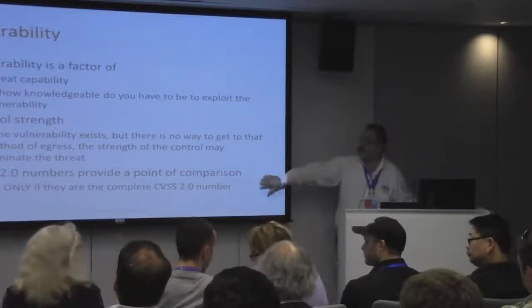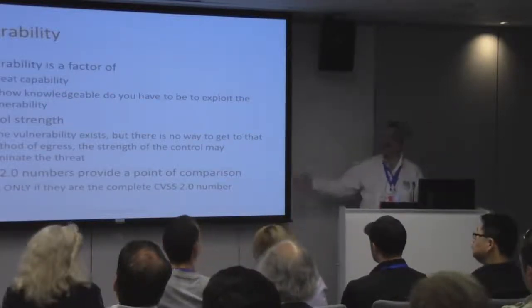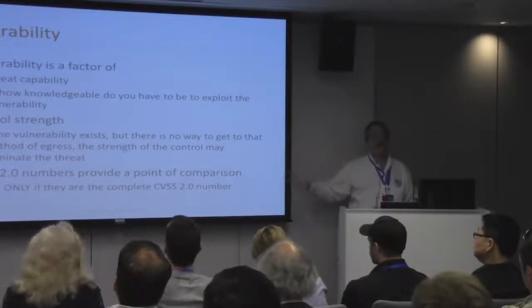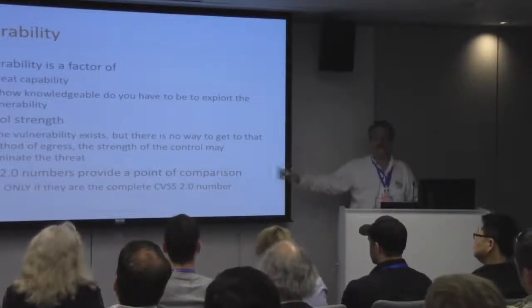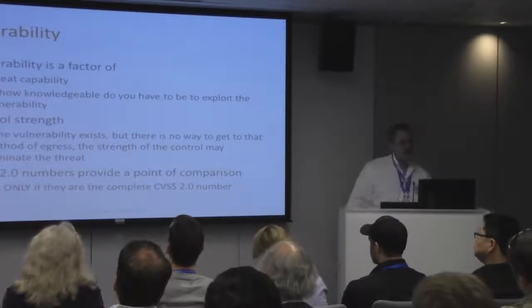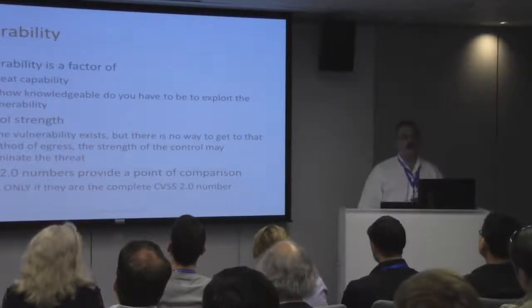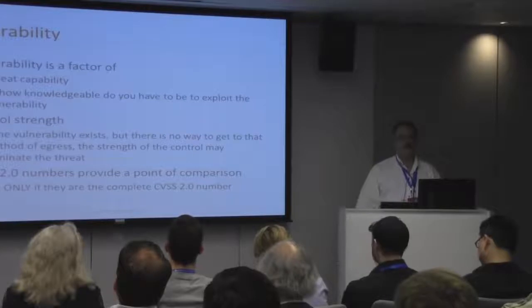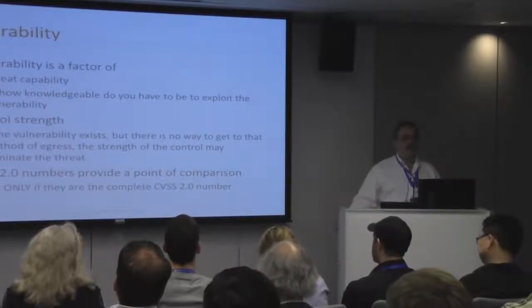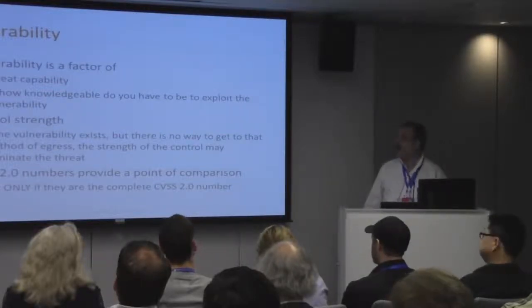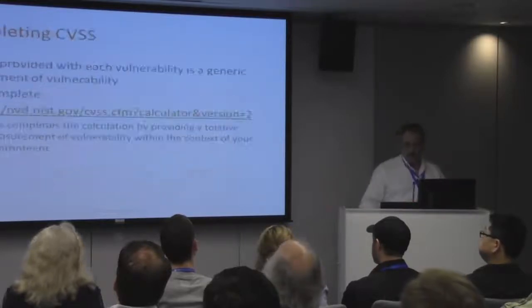The CVSS2 numbers provide a point base of comparison, but only if they are placed in the context of your controls. So the numbers that you get from your Nessus scan, or from your Rapid7 scan, or from your other vendor scan, they're a great starting place.